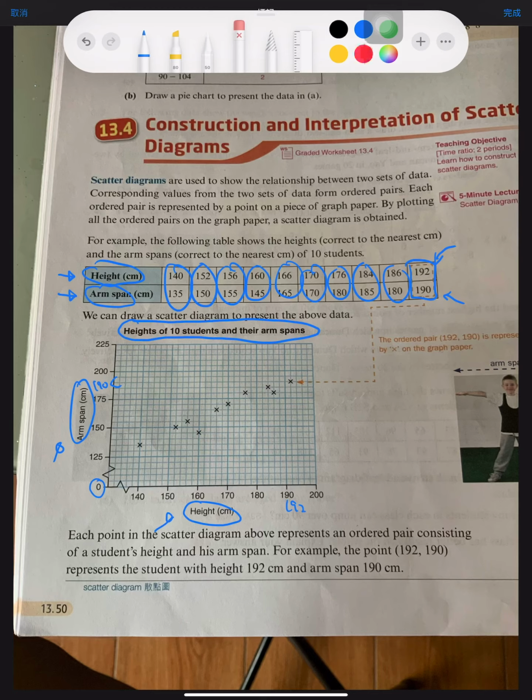It is just like the revision time: this one is increasing. When the height increases, the corresponding arm span will also increase. For this relationship, we have a name: it is called a positive relationship.